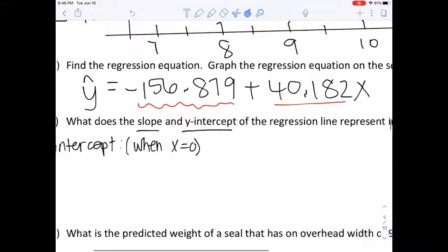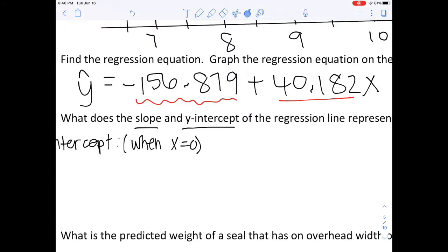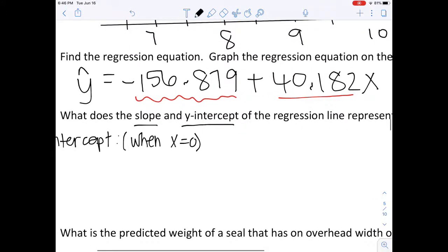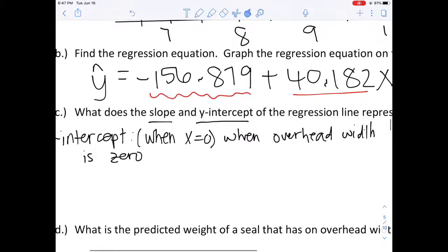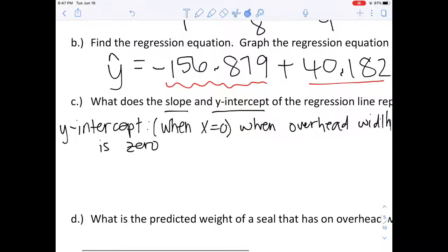So this is going to be when x equals 0, or for this problem, when the overhead width is 0, and then that y value that we have is going to be what we have for our weight.